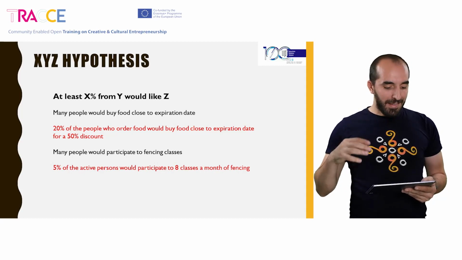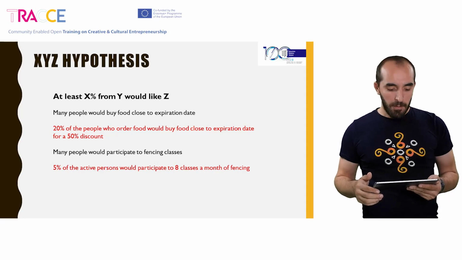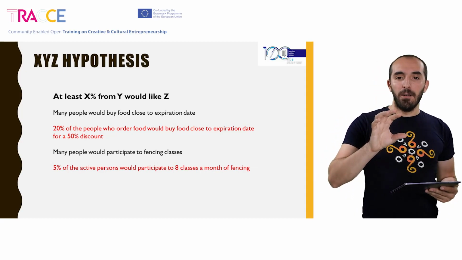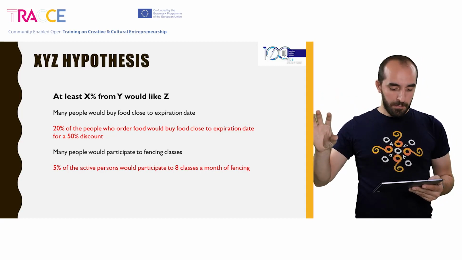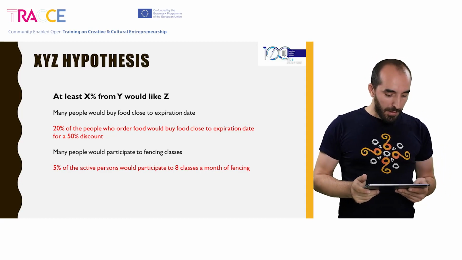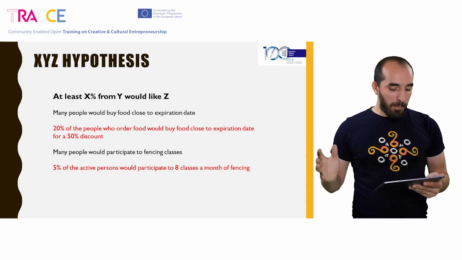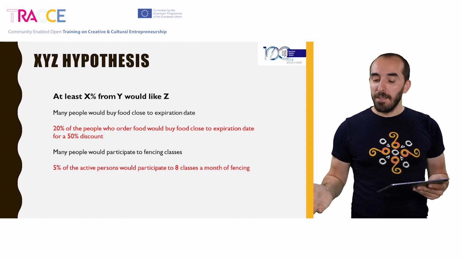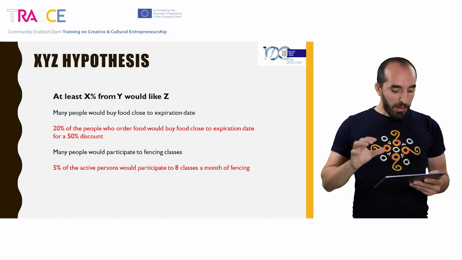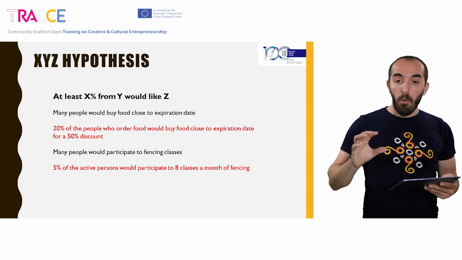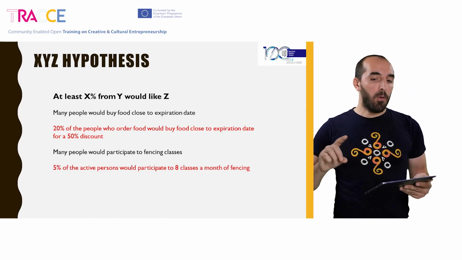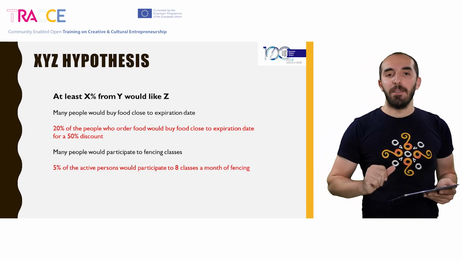For example, this XYZ hypothesis wants to test this: at least X% of Y people would like Z. For example, instead of many people would buy food close to expiration date, the XYZ hypothesis would be 20% of the people who order food would buy food close to expiration date for a 50% discount.